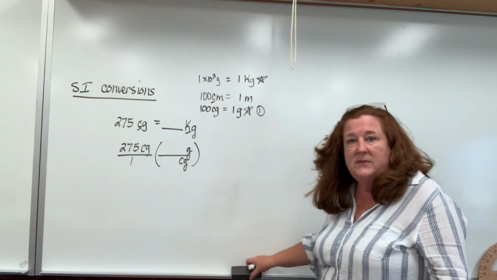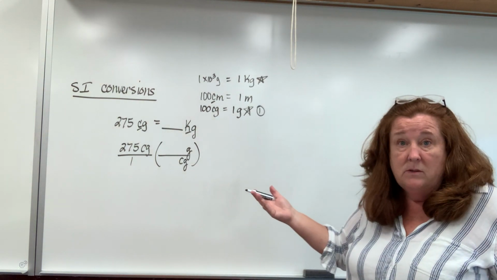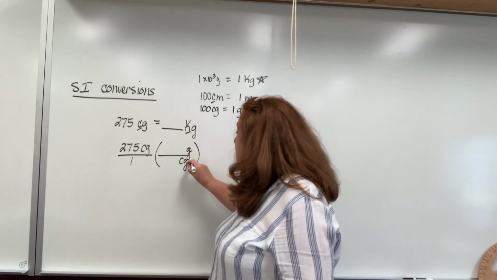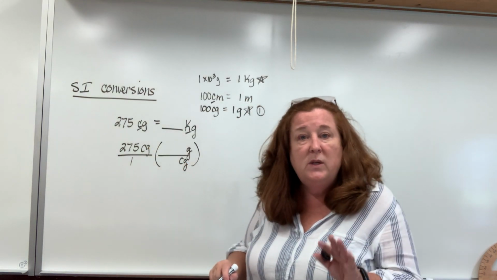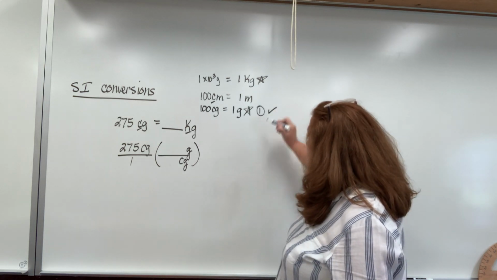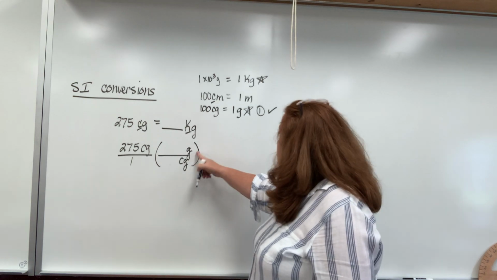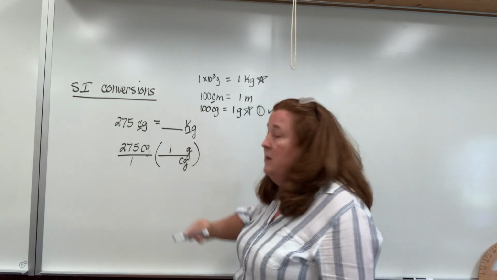It's the same principle, the same rule when you have letters or units. So this centigram will be able to cancel out that centigram. Do the units before you put the numbers in. So now you're going to use that equation to figure out where to put the numbers. In front of the gram is a 1, so that goes there.